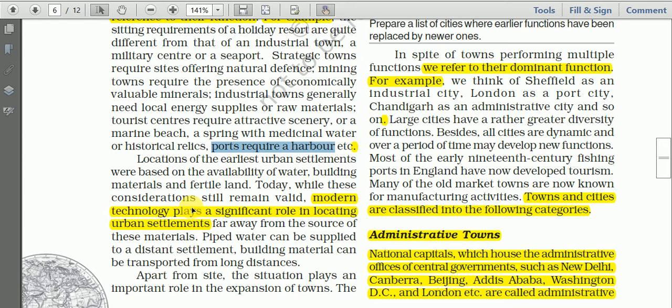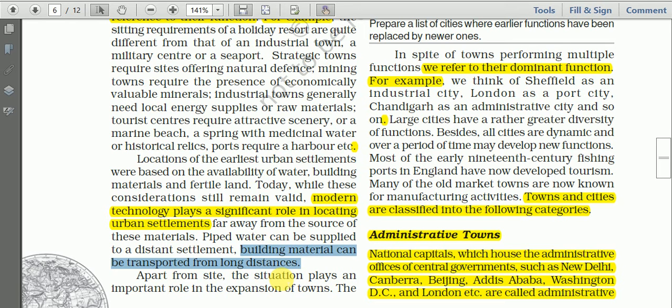But today, while these considerations still remain valid, modern technology plays a very important role in locating urban settlements. Sometimes some cities are not related with availability of water or building materials, because water can be piped to distant places. Building materials also can be transported from long distances.